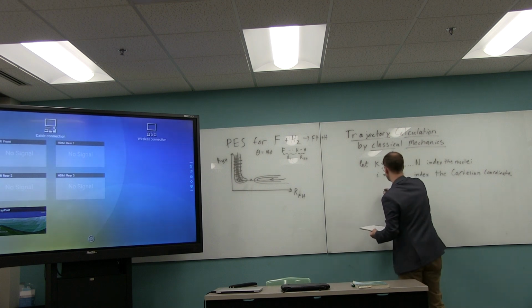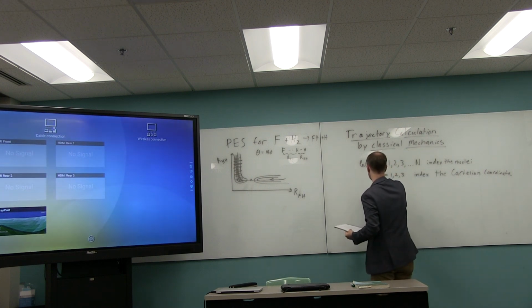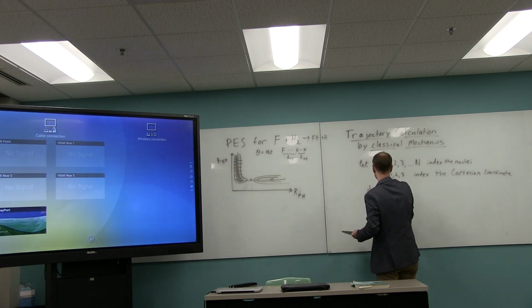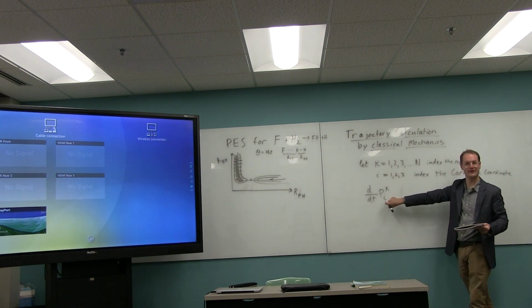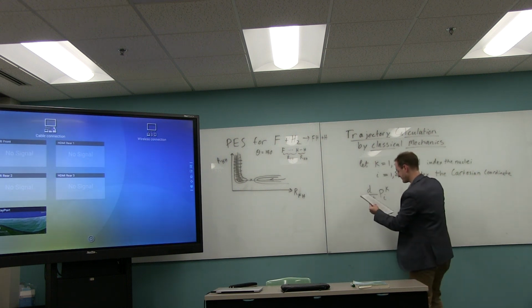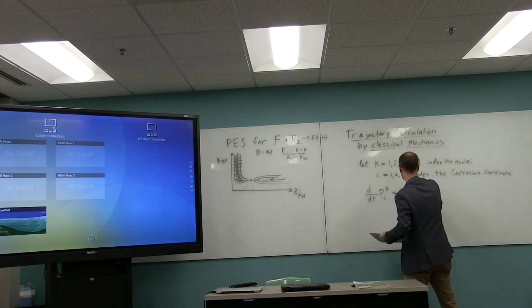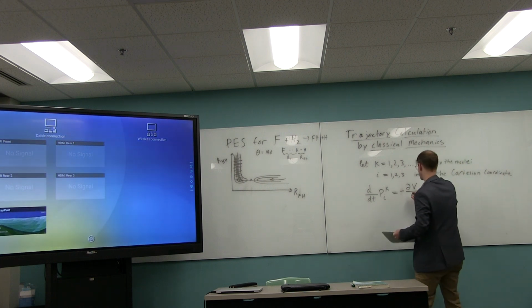Okay, then Newton's equations of motion would just tell us that the rate of change in the momentum for the kth atom along the ith Cartesian direction is just going to equal minus the partial derivative of the potential energy with respect to that coordinate.